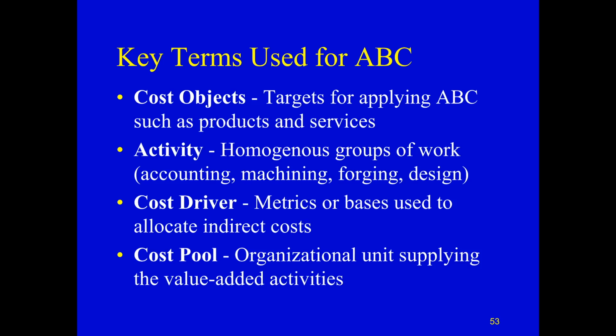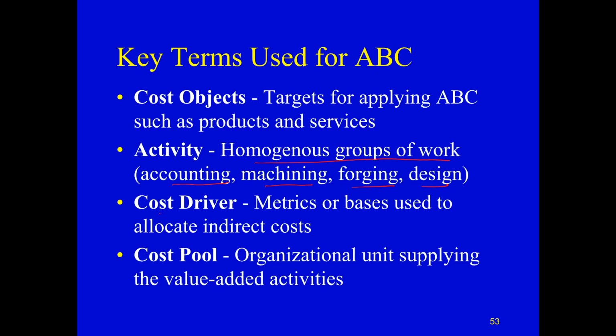The key terms used for ABC are cost objects. Cost objects are the targets for applying ABC, such as products and services. Activity is any homogeneous group of work. For example, accounting, machining, forging, designing are called activities.